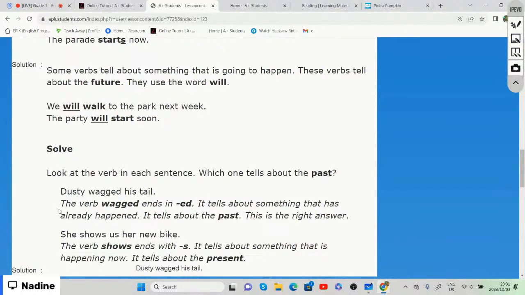If we look at those two sentences, which one tells us about the past? And remember, we said that our verb ends in ed if it tells us about the past.